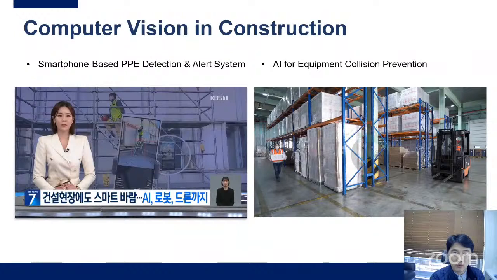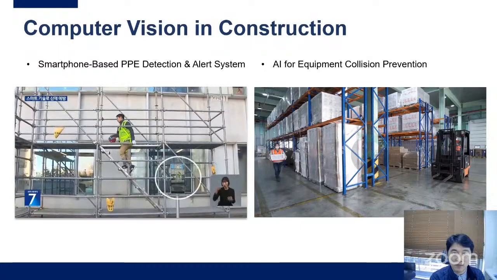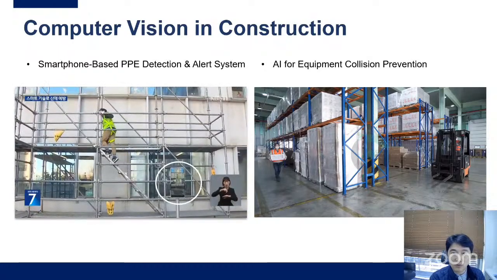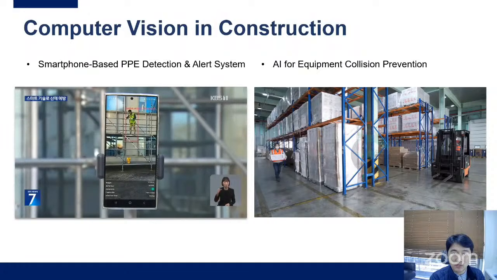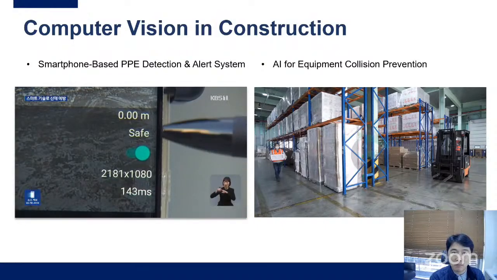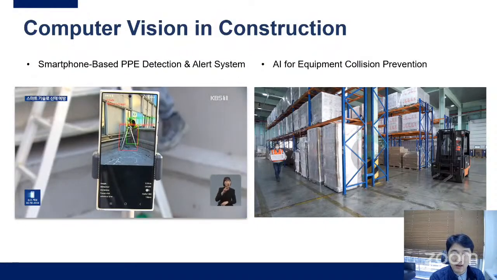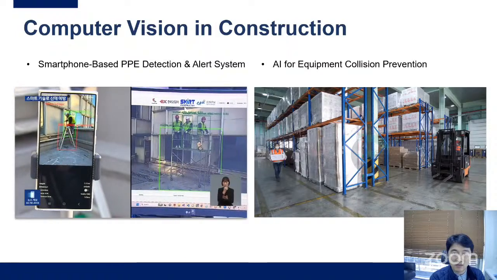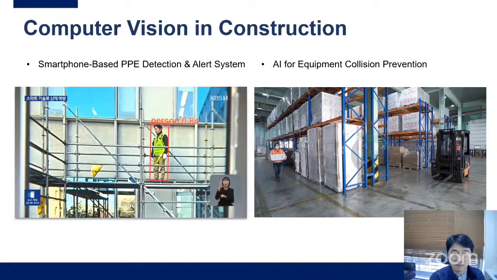Here are two of the most successful applications of computer vision in construction safety. The left video shows an application that uses smartphone cameras to detect whether workers are wearing PPE properly. This highlights how computer vision techniques can be easily implemented even on smartphone systems.